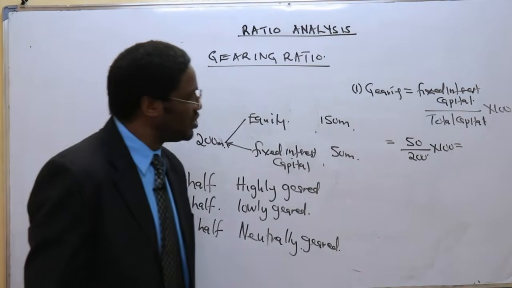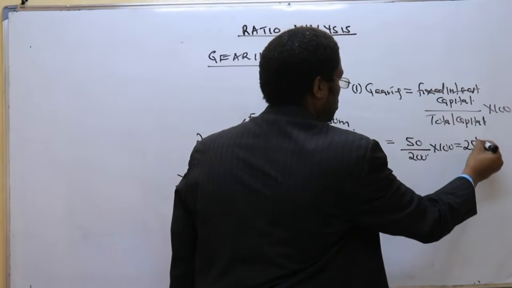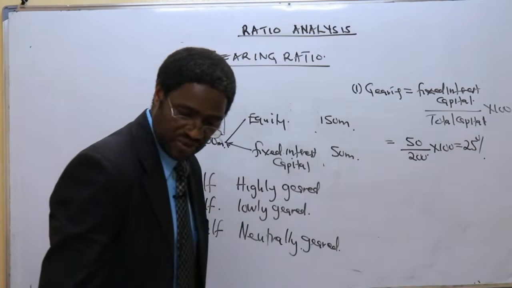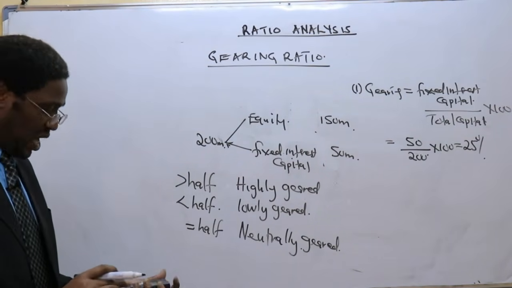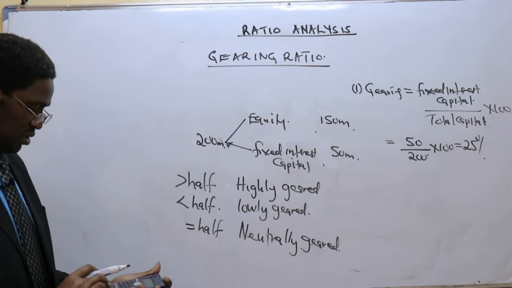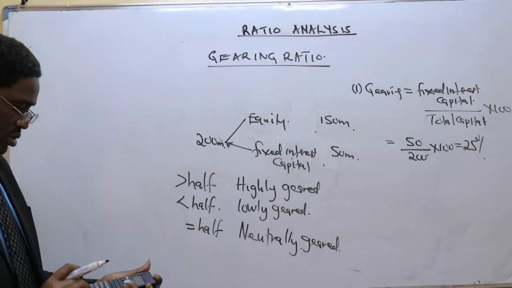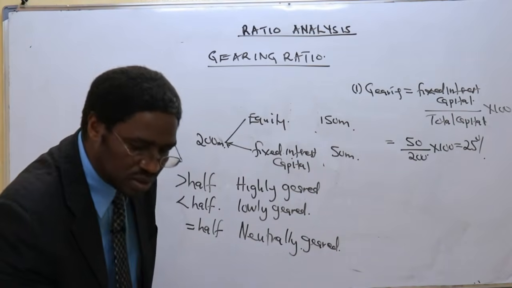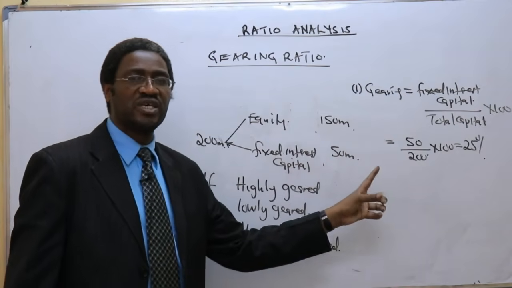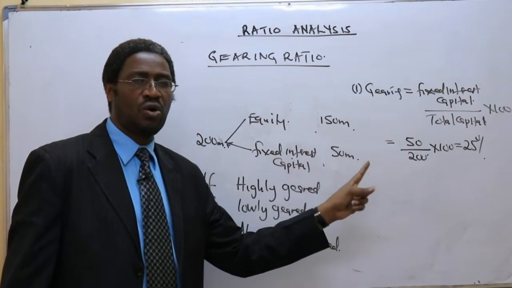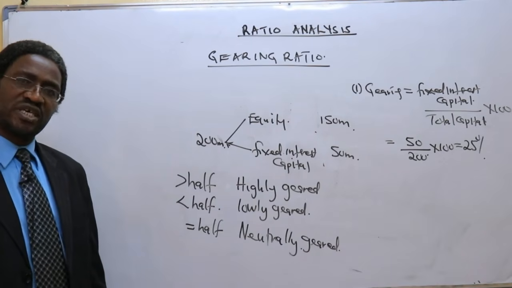What would be the level of gearing? That looks like 25%. Is it 25%? That is 50 divided by 200. Yes, it's 25%. So tell me this, is that company lowly geared, highly geared, or neutrally geared?